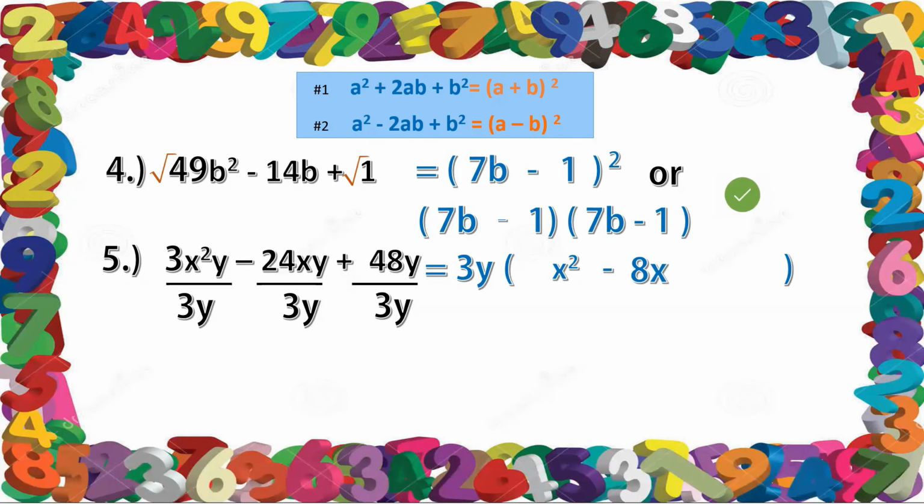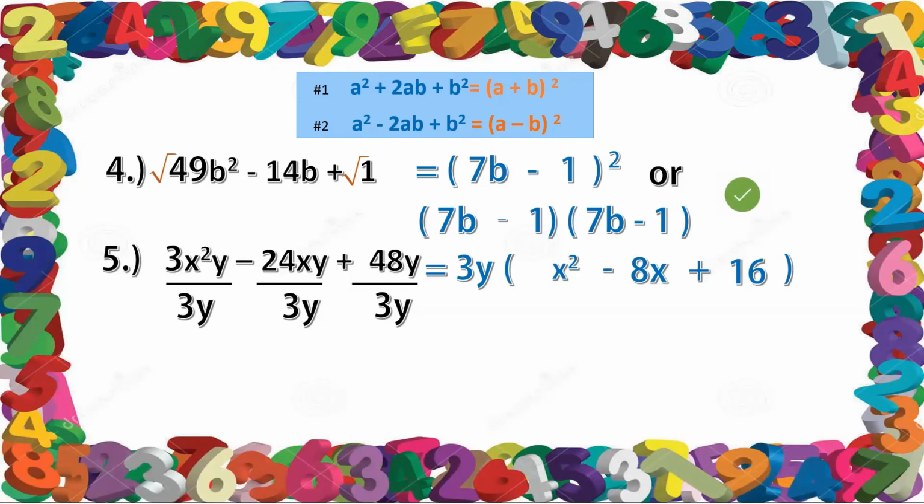We have 8x plus 48y divided by 3y is 16. Very good. Now, we already factored the trinomial using GCMF. We got 3y, quantity x squared minus 8x plus 16.